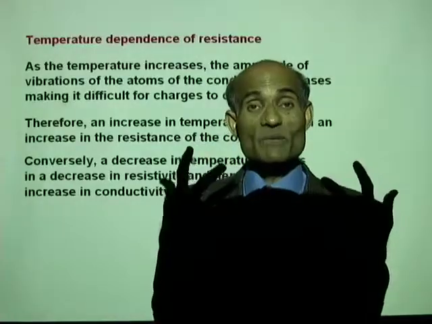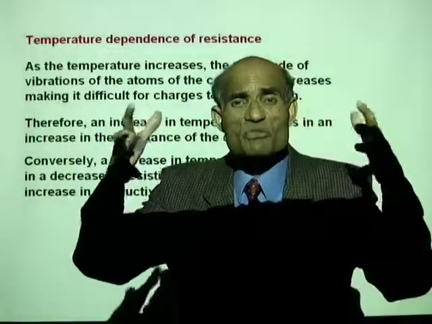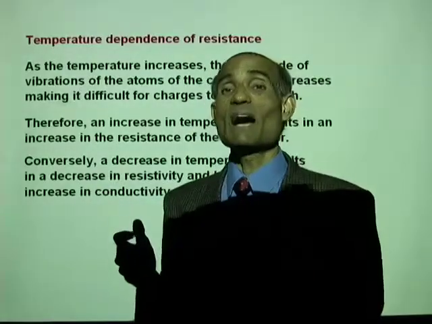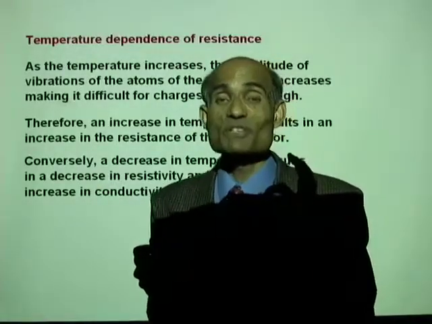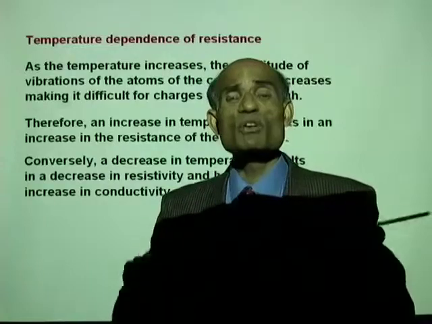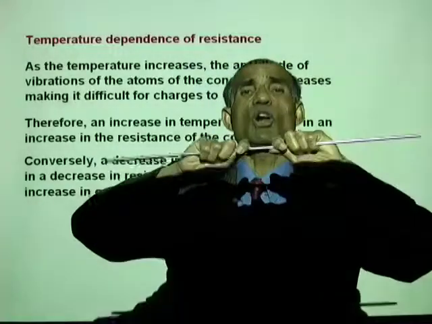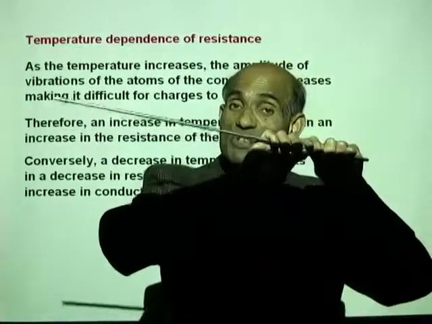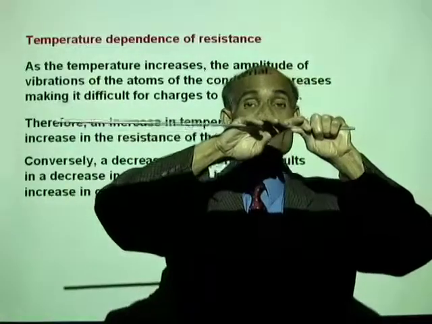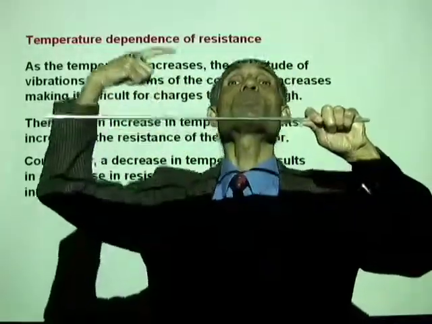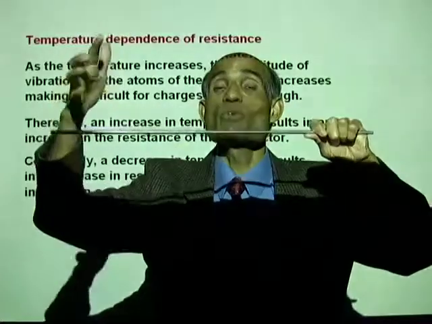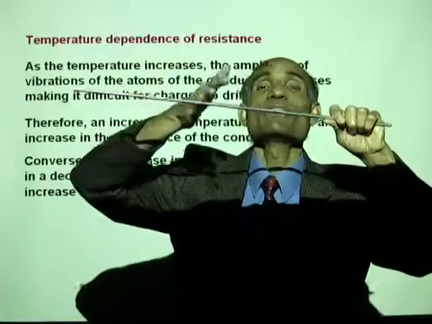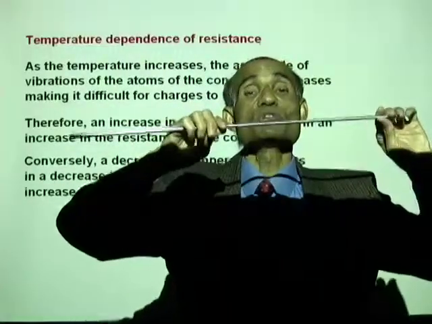In fact, there is a branch of physics called low temperature physics. At very low temperatures, most materials will lose all resistance. When a material loses all resistance, it becomes a superconductor. In other words, no energy will be lost in transporting electric energy through those conductors.